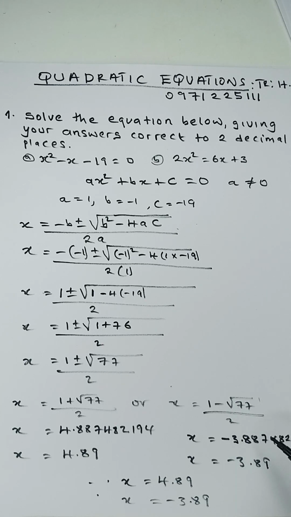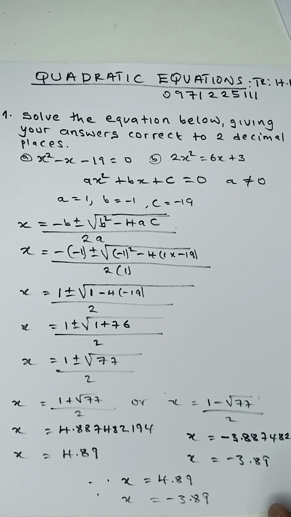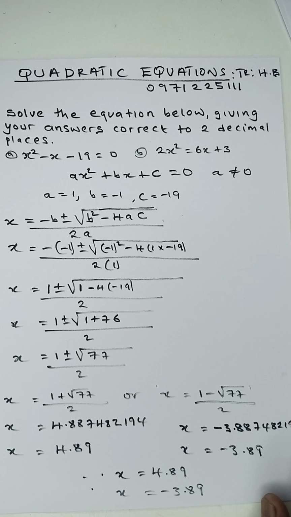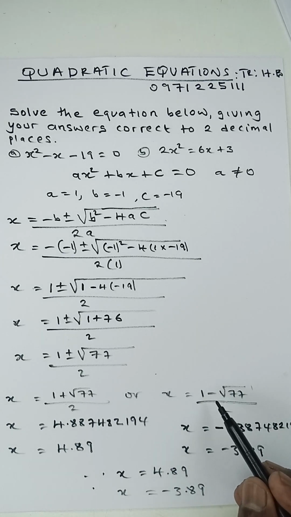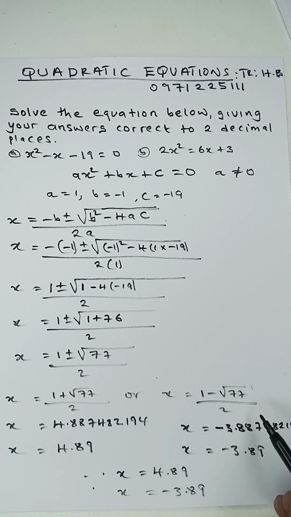It will give you a wrong answer. If you want to go direct, you can put this in brackets, then you say 1 minus the square root of 77 in brackets divided by 2. That way it is okay, and it will give you the correct answer.